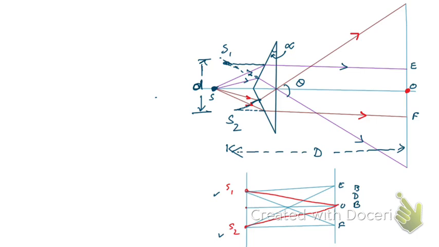If you have studied Young's double slit experiment at senior secondary level, here the fringe width is given by beta equals lambda capital D by small d.